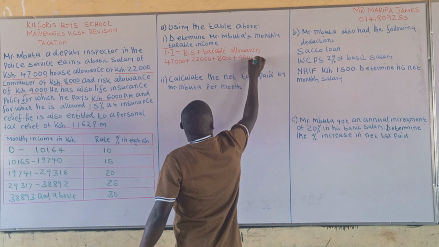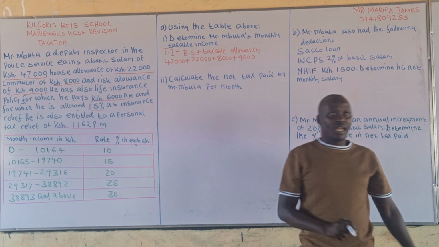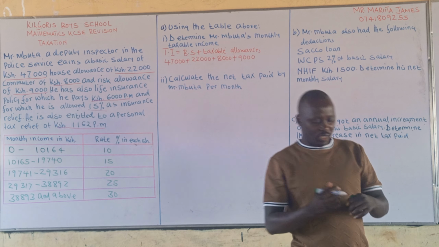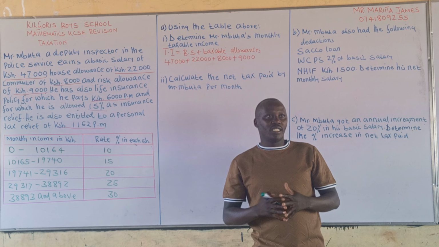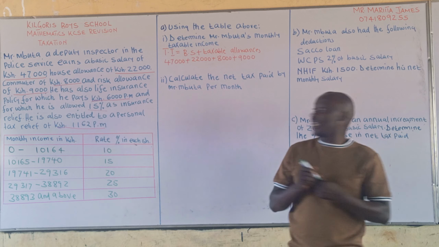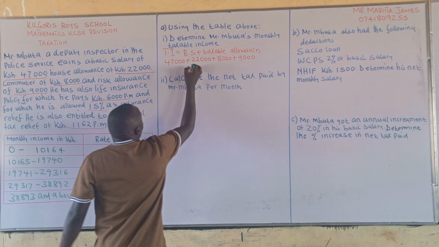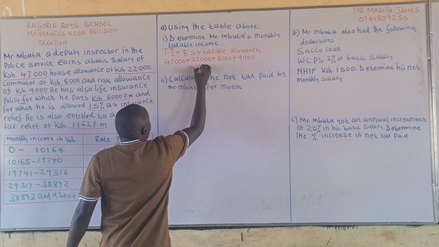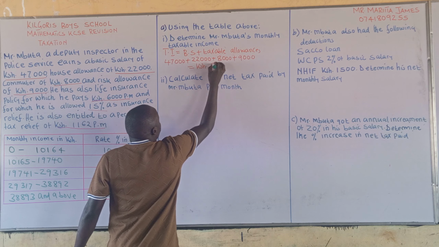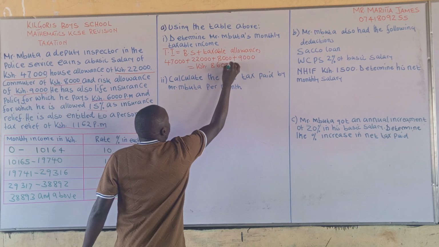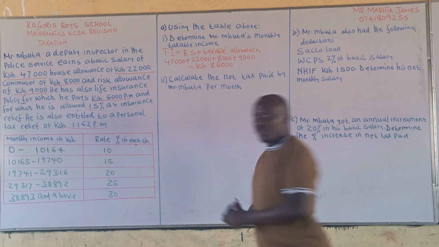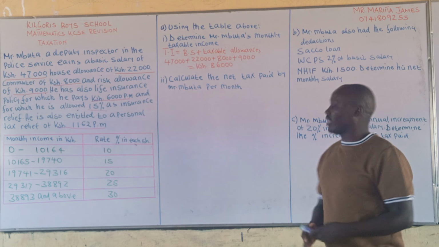If you add all that, you will get a total taxable income of Kenya shillings 86,000. So this is the money which is being taxed.